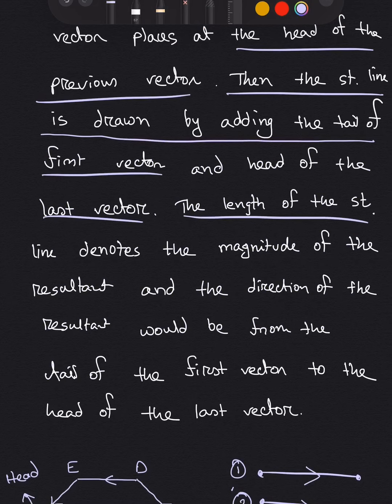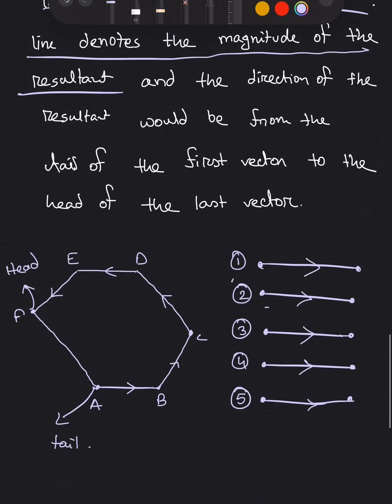The length of the straight line AF denotes the magnitude of the resultant. And the direction of the resultant would be from the tail of the first vector, which is at point A, to the head of the last vector, which is at point F. So the vector is AF, from A to F, with an arrow mark.